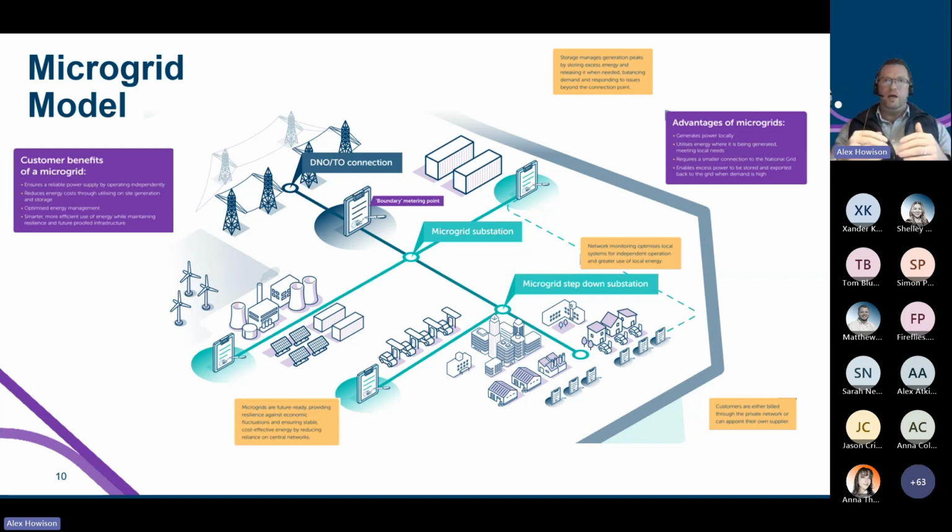By managing that, we've reduced the cost to connect, we've reduced the time to connect, and through the optimization system within the microgrid, we are confident that we can manage those load flows to keep as many of the cheap renewable electrons within the microgrid, which will drive cheaper bills for the connecting residents within it.